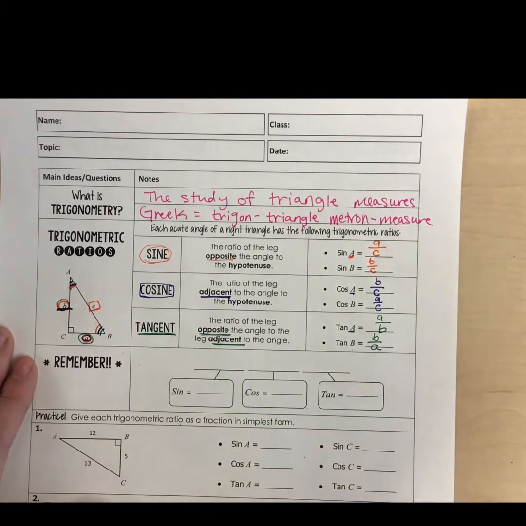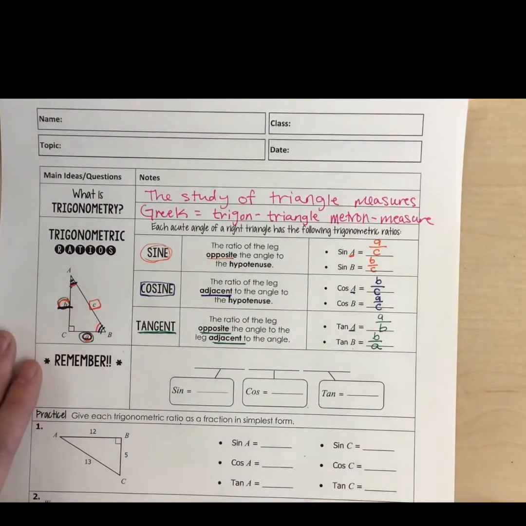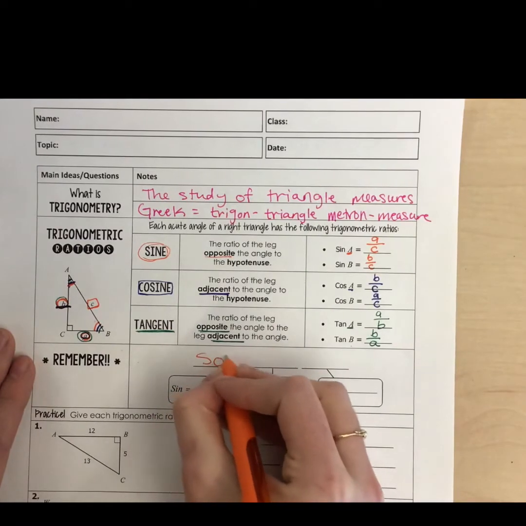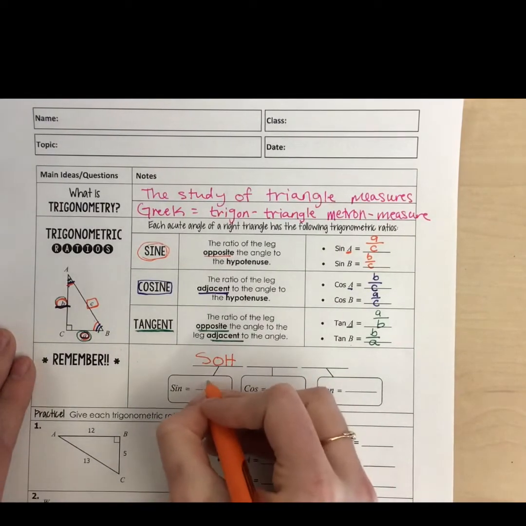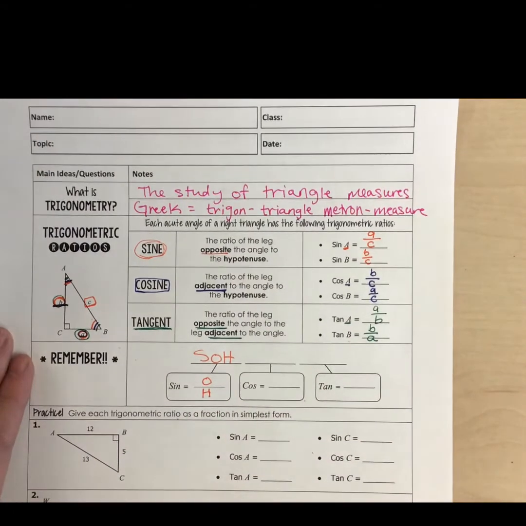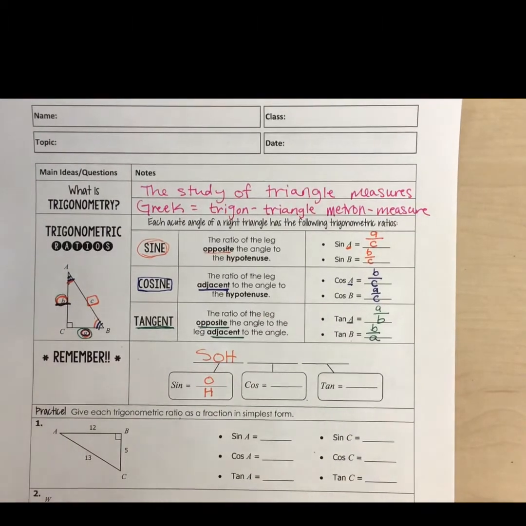Now, this might seem like a lot to remember, but we have a nice little acronym that goes with this. For sine, we say SO, because sine is opposite over hypotenuse. So if you put the first letters of all those together, we get SO.